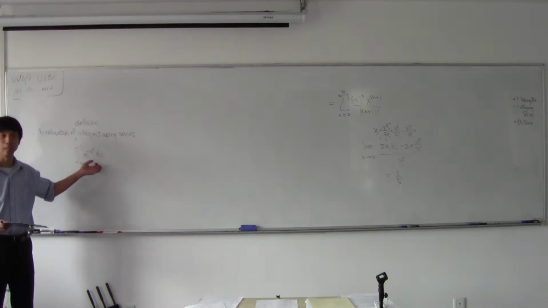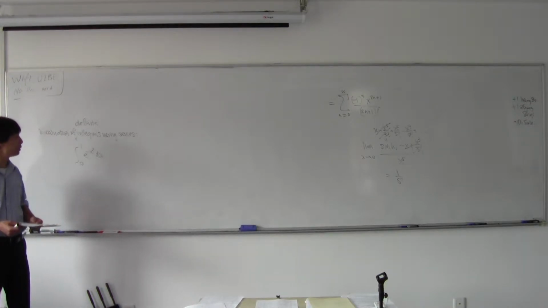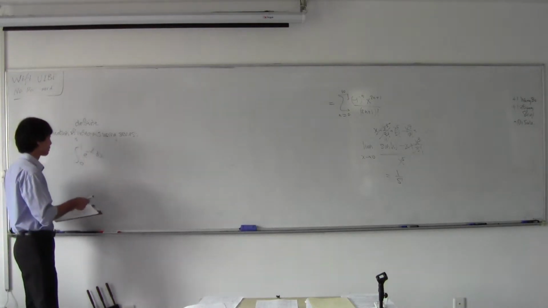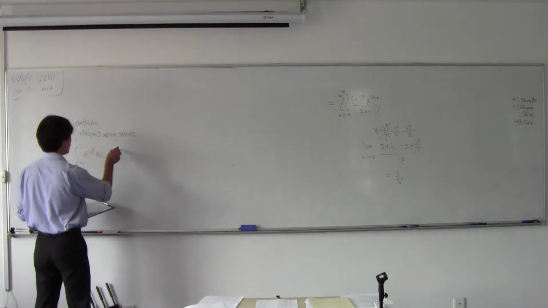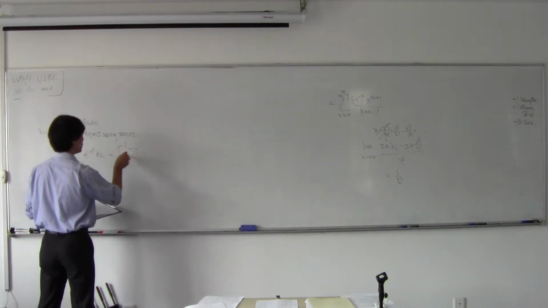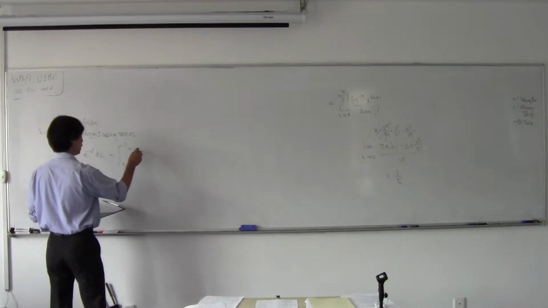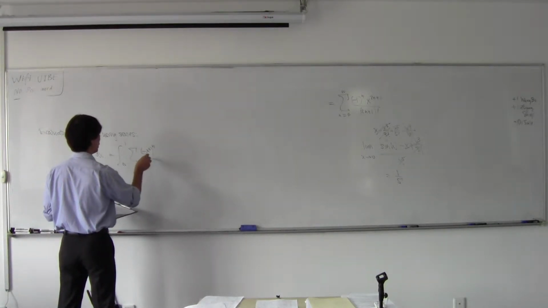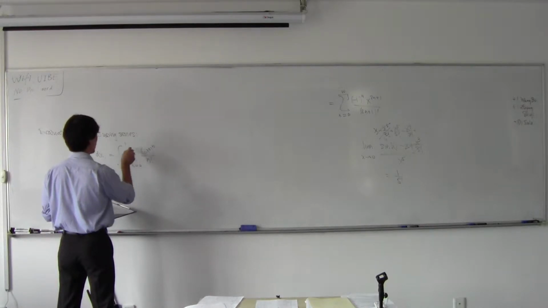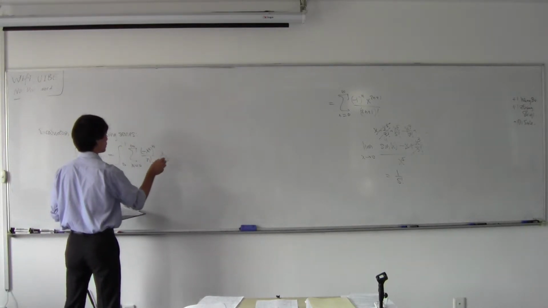We can use power series. So e to the negative x squared is the summation of negative x squared to the n over n factorial from n equals 0 to infinity.